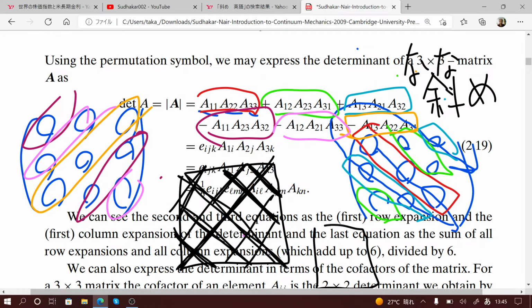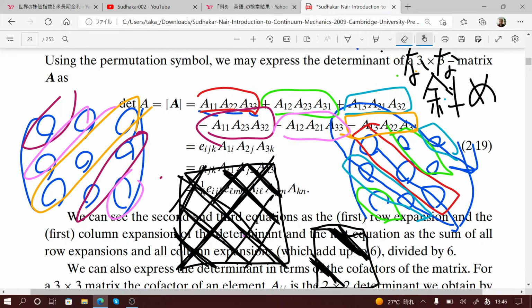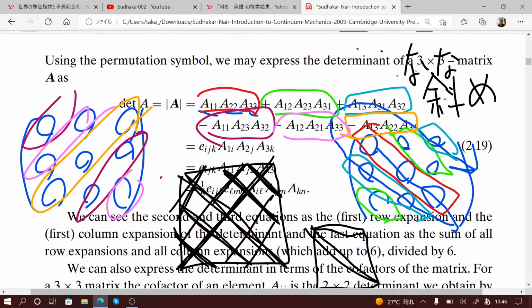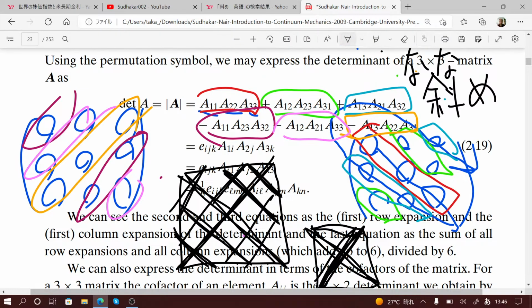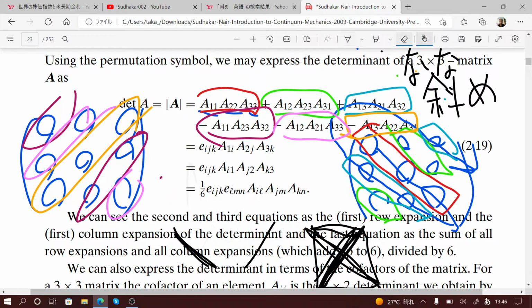I don't know in English, diagonal also means this. I thought the diagonal in English is just this or this. But anyway, so all diagonal product.